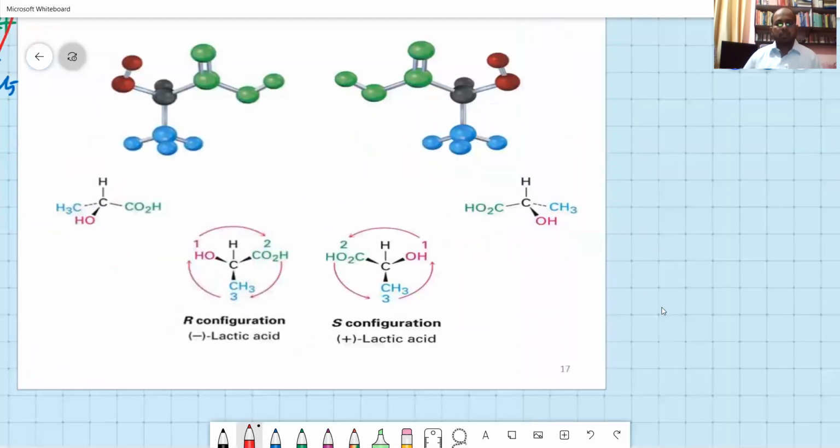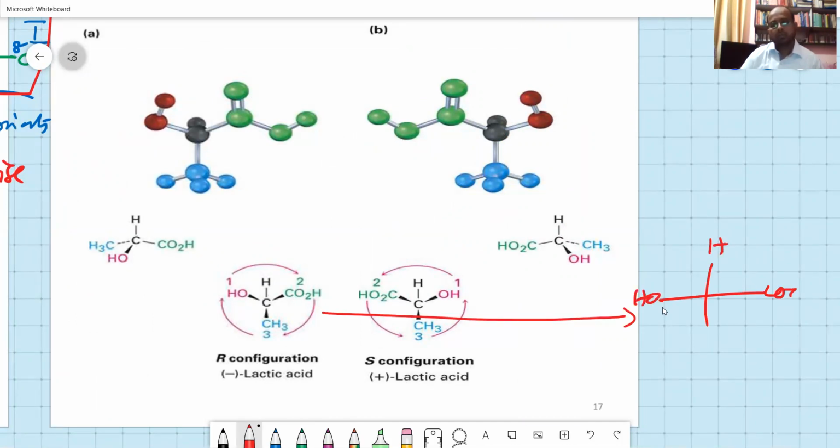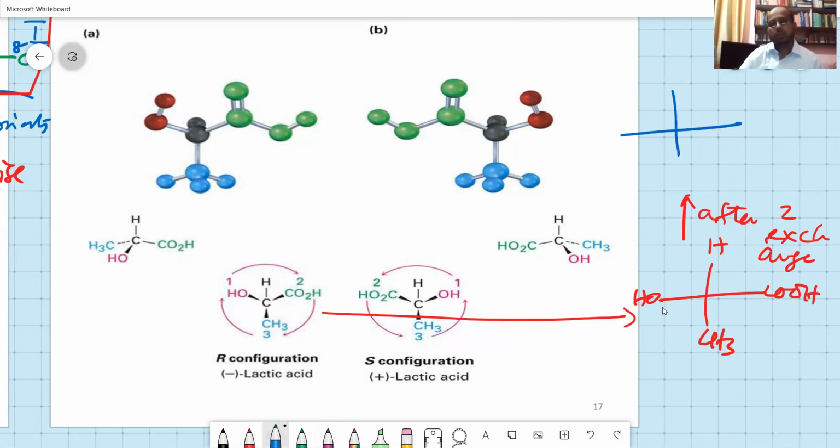Okay, so here the lactic acid is given. You can see the lactic acid, again H is at the top, and you can always try a structure for this here. I just put it plainly: H, OH, COOH, and CH3. Now after 2 exchanges, you can have H here and CH3 here.